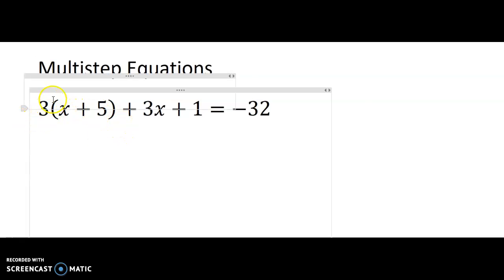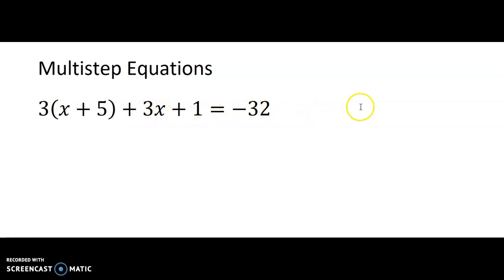We got 3 parentheses x plus 5, plus 3x plus 1 equals negative 32. We want to start by organizing our information, so I'm going to go ahead and draw the line down the middle to separate the left side from the right side.